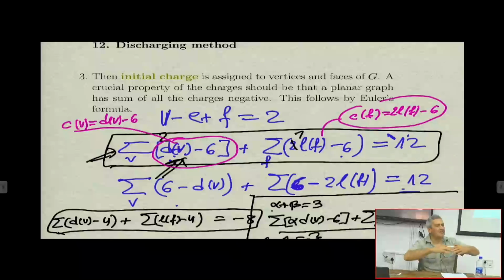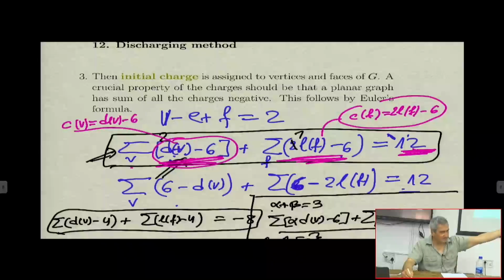Now I can ask, what is the total charge? If I go through all vertices, sum the charge, and then go through all the faces and sum their charge, the total charge will be negative, minus 12.